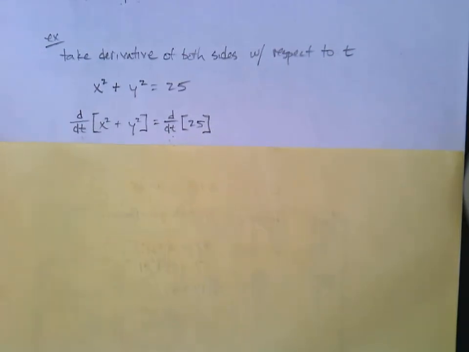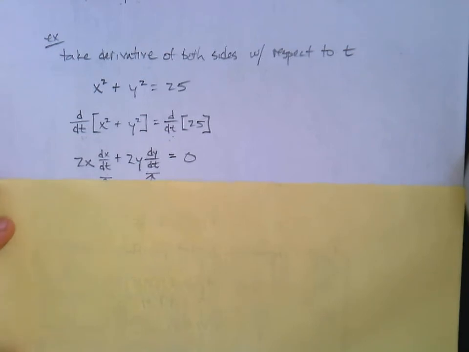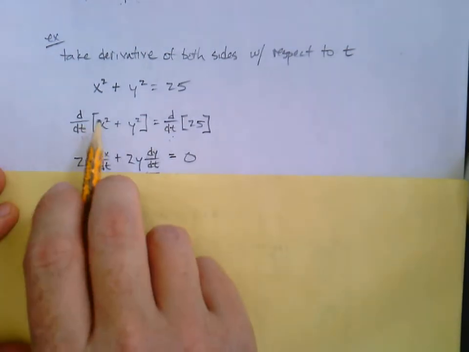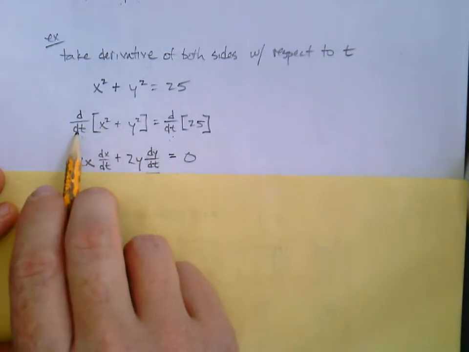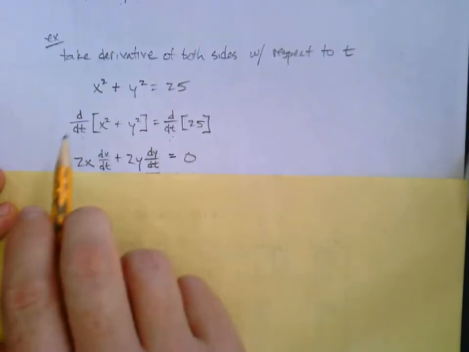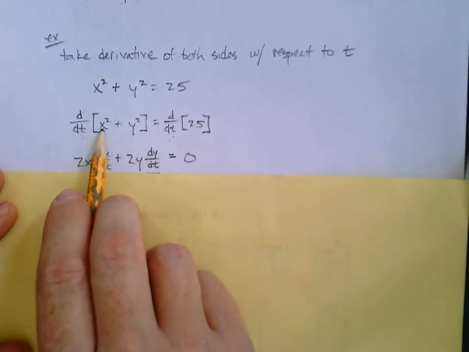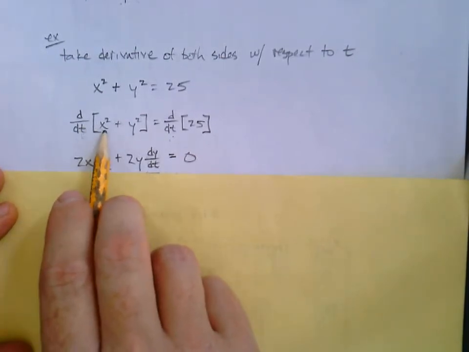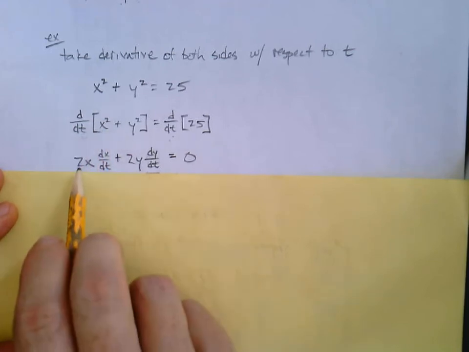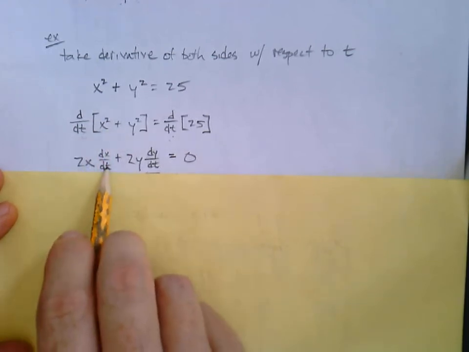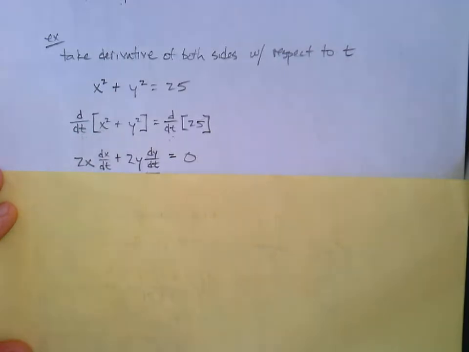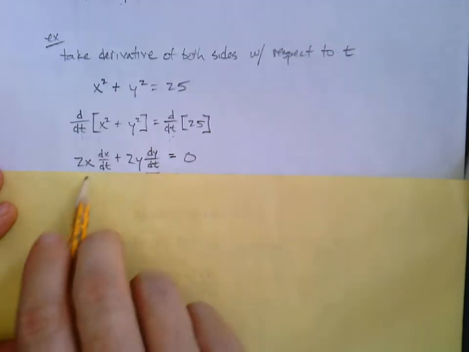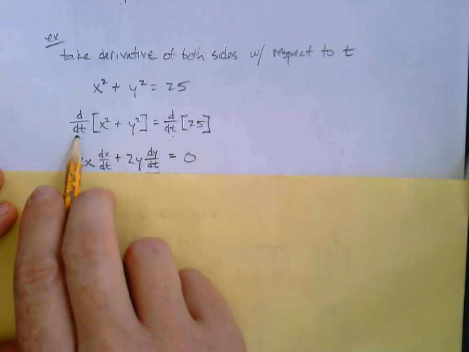How's this going to play out? What does that mean? Okay, so notice neither x nor y match that new variable t, right? They're all different. So when we take the derivative of x squared with respect to t, well, the variables are different. So we have the 2x, but then we multiply by dx over dt. And there's your derivative of x squared with respect to t.